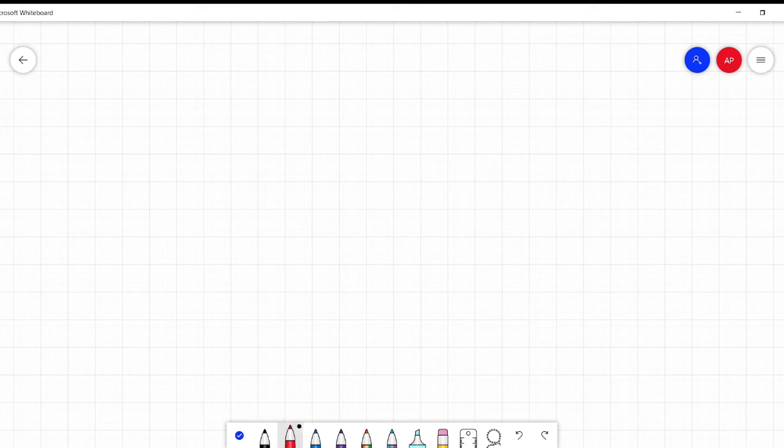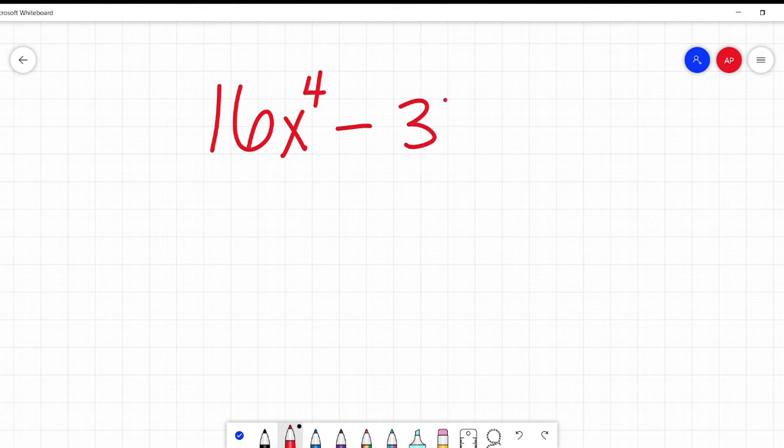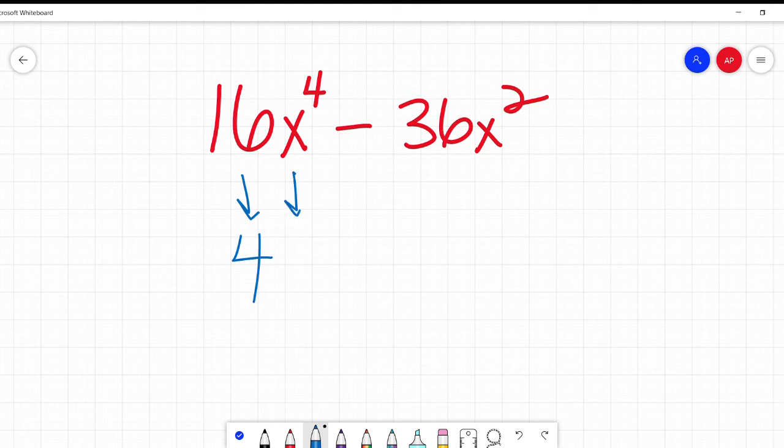Okay, so let's do one just real quick with a higher exponent. Let's say if it was 16x to the fourth minus, let's say 36x squared. Same rules apply, even though it looks more fancy than our previous one. We look at our number first. Is 16 a perfect square? Yes, it is. Square root is 4. Is x to the fourth a perfect square?